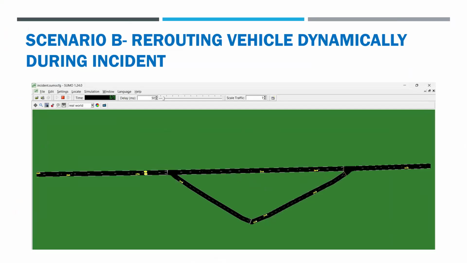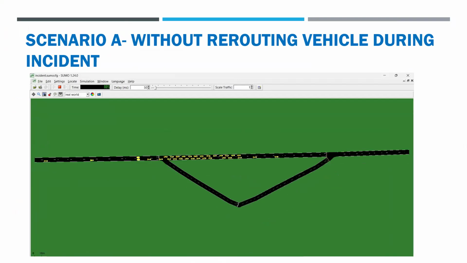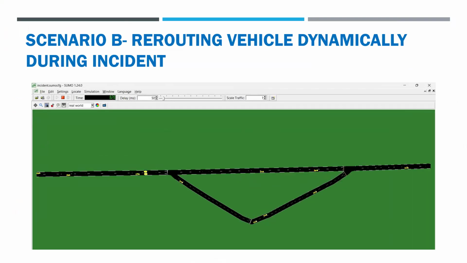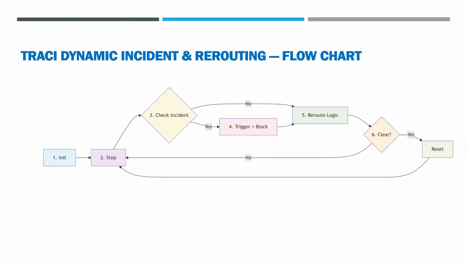So this is scenario A, where there is no rerouting of vehicles during the incident, and this is scenario B, where vehicles are rerouted dynamically when the incident occurs. So what is the TraCI flow chart or flow diagram for my TraCI code?